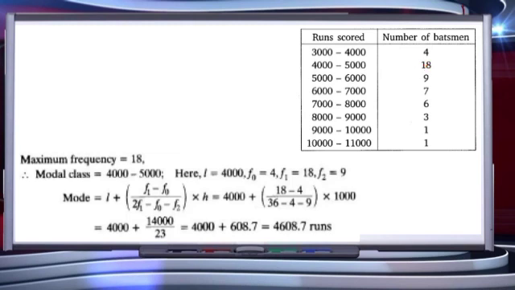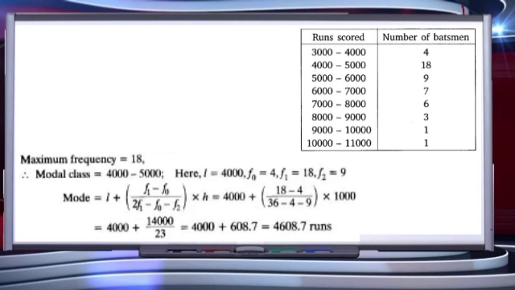So 4000 to 5000 becomes our modal class and its corresponding frequency is 18. Thus our maximum frequency is 18 and our modal class is 4000 to 5000. Next is the lower limit of this class. The lower limit L is 4000.